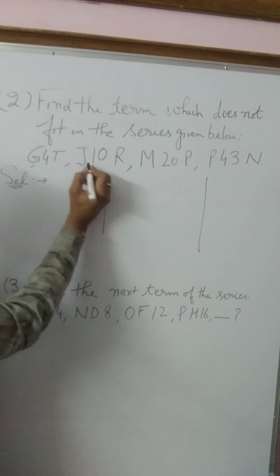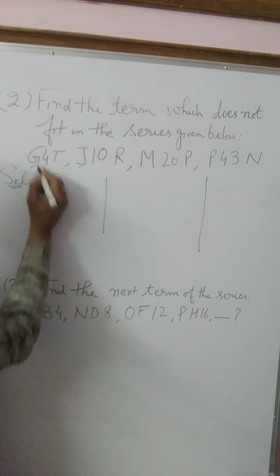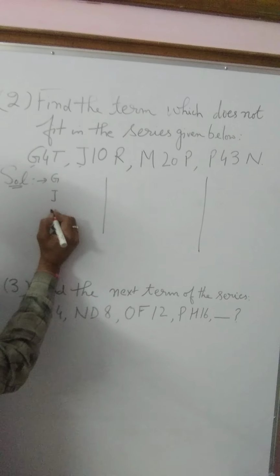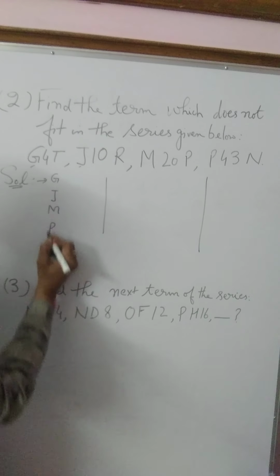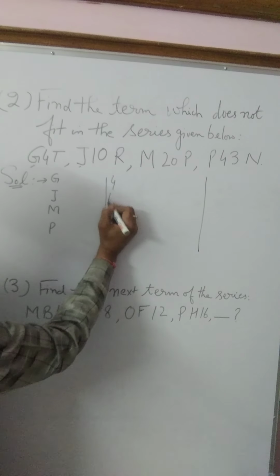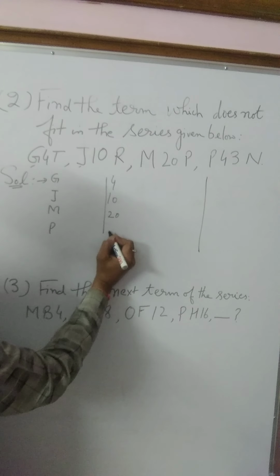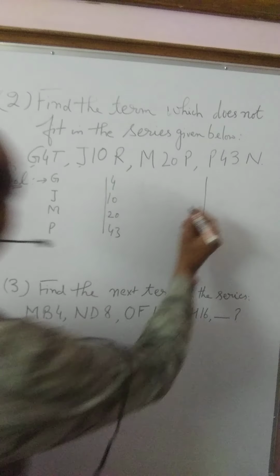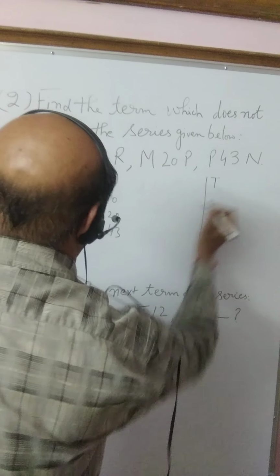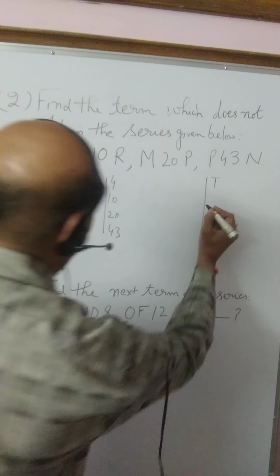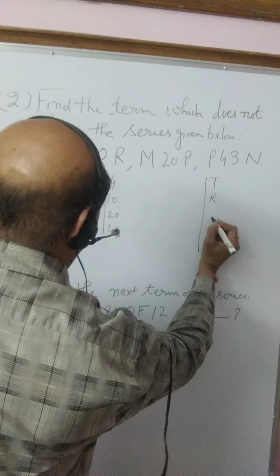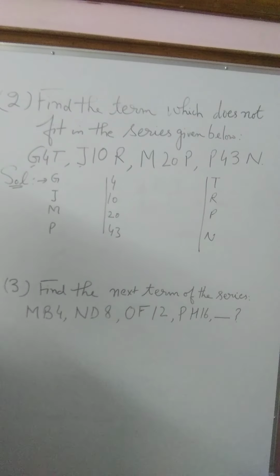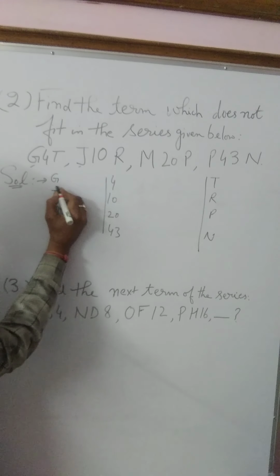First block, first term of each block: G, J, M, P. Next is 4, 10, 20, 43. Then in the third block we will take the last of each term or block: T, R, P, N. Now if we see carefully, from G to J, what are missing?